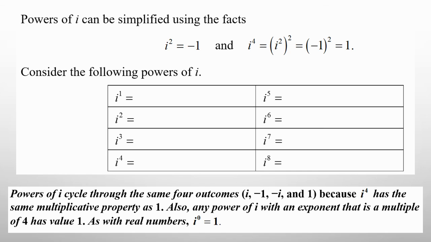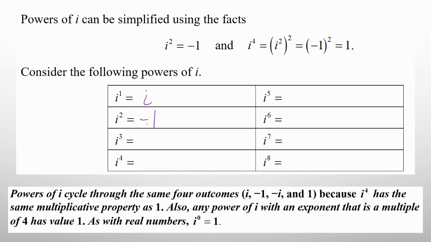This is kind of a shortcut rule for simplifying if you have various other exponents of i besides just i and i squared. So we know that i to the first is i.